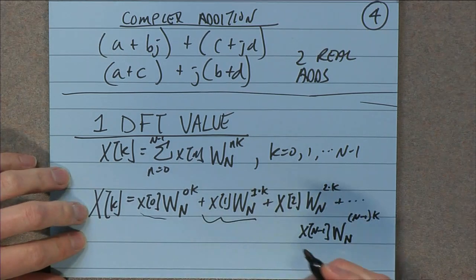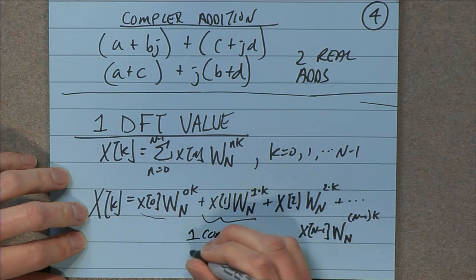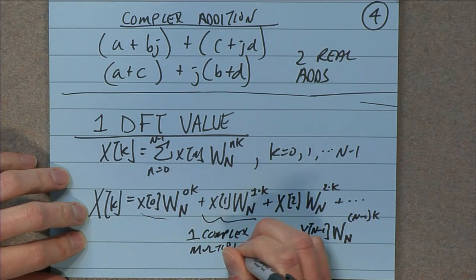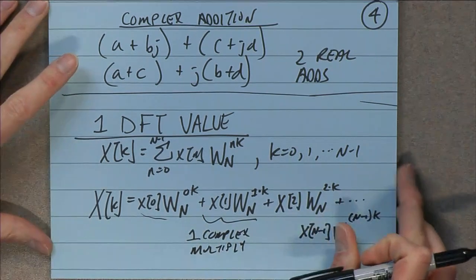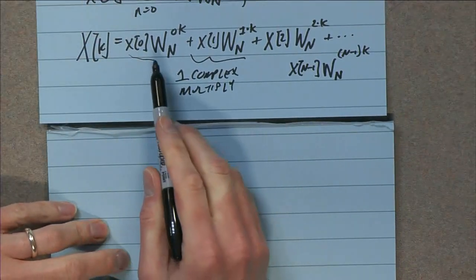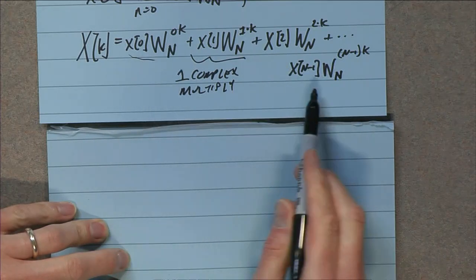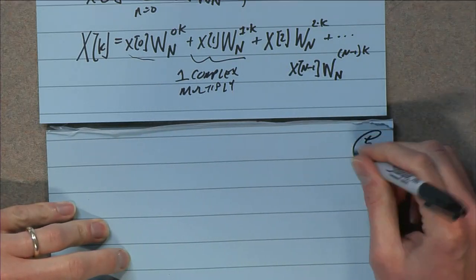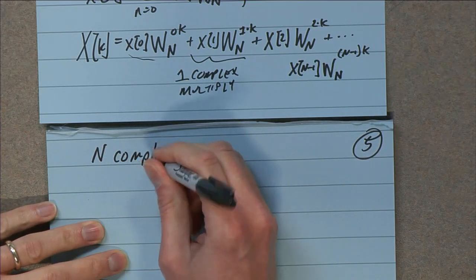But all the rest of these are just going to be one complex multiply in general. So to get out one value of k, if we count them up, 1, 2, 3, dot, dot, all the way up to N minus 1. So we started with 0, N minus 1. It's N values. So it's N complex multiplies.